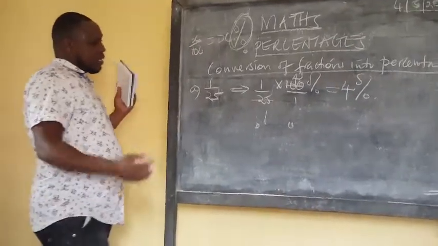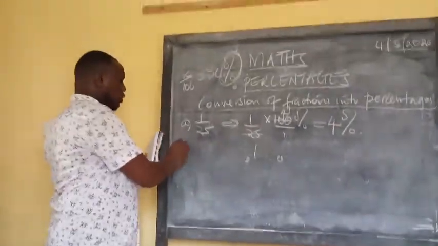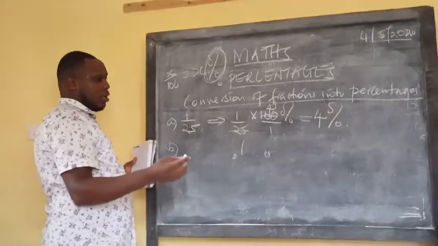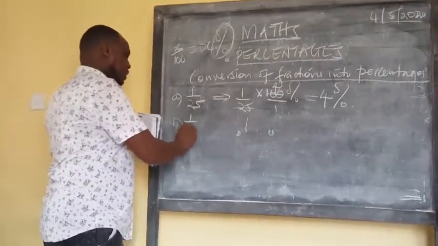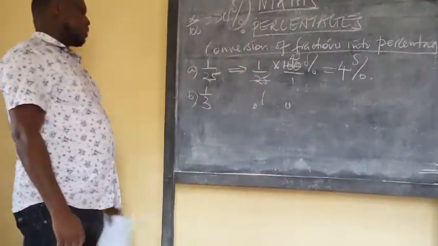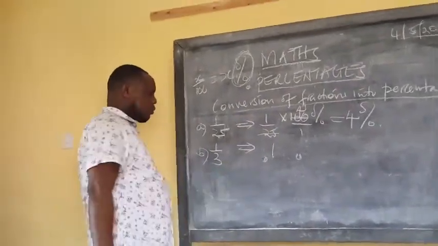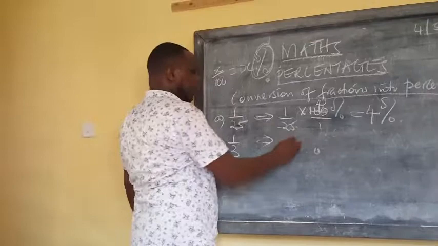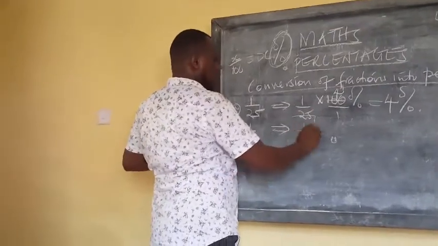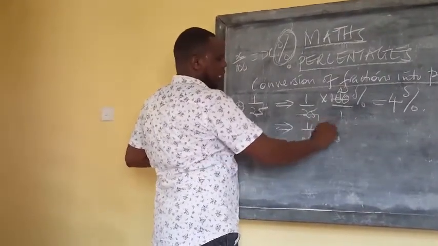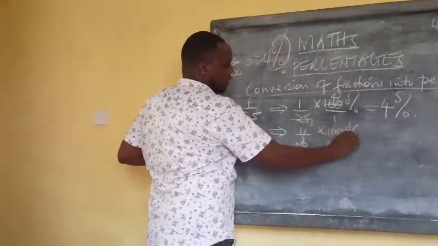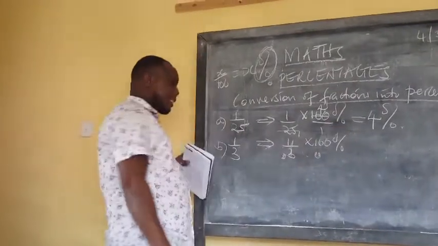Let's pick another fraction. We can have another fraction like a third. A third is a fraction. And so this means we are going to pick 1 over 3, that is a third, times 100%. That word percent must be there, Lana.